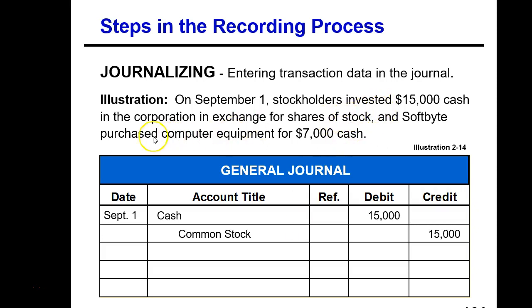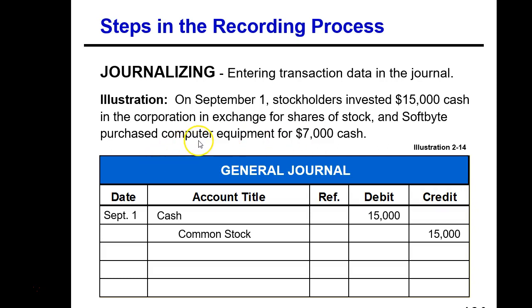Next up, we purchased computer equipment for $7,000 in cash. Your approach remains the same. You want to identify which accounts are involved in the transaction, determine if the accounts are increasing or decreasing, identify the account classifications, and apply the rules of debits and credits.